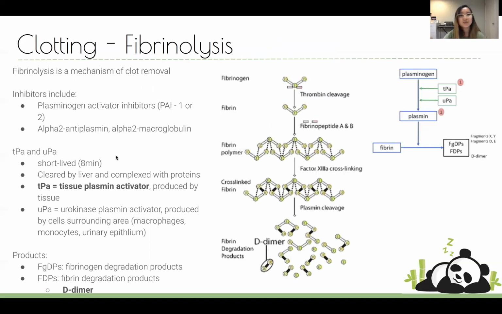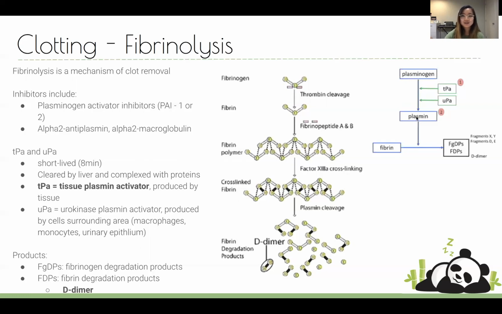Fibrinolysis. So that's your natural mechanism of clot removal, fibrinolysis. So lysing or destroying fibrin, which is your clot. These are some inhibitors of that. So plasminogen activator inhibitors and alpha-2 antiplasmin, alpha-2 macroglobulin. You can see it's kind of in the name because plasmin is actually the thing that allows this to work.